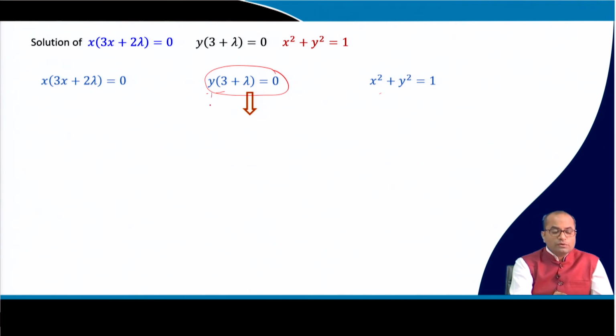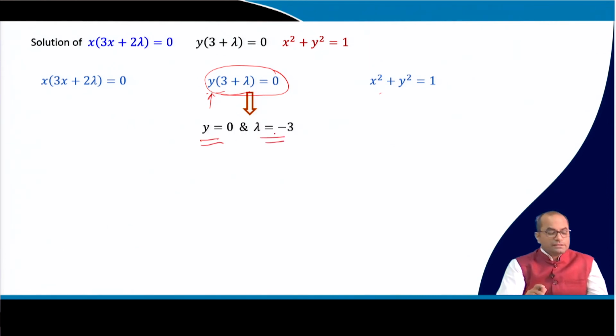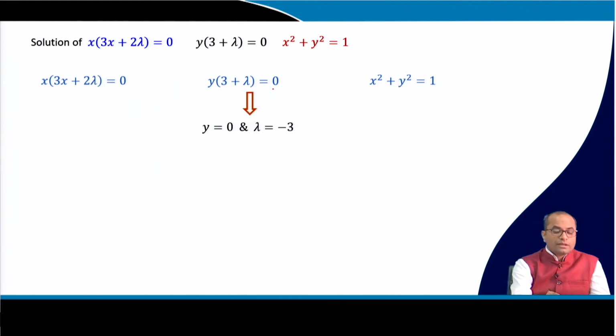So, one of them or both of them has to hold. These are the two possibilities which can make this equation equal to 0. So, then let us take first y is equal to 0.